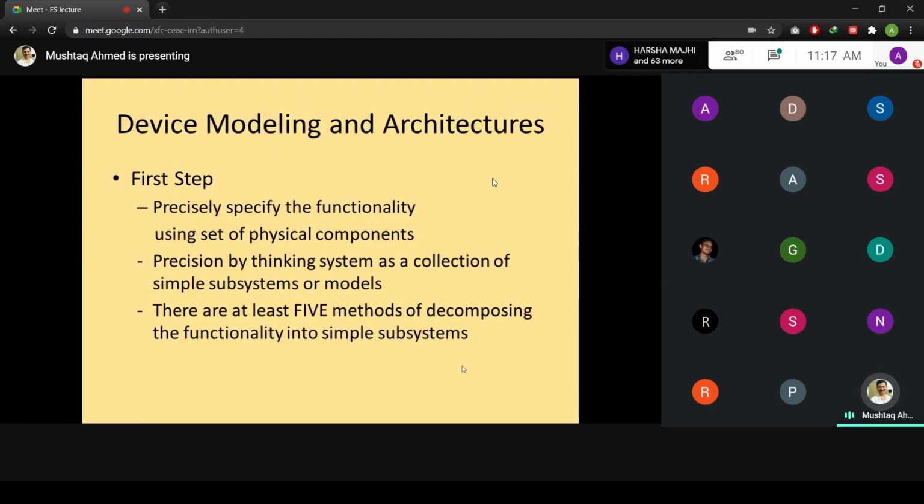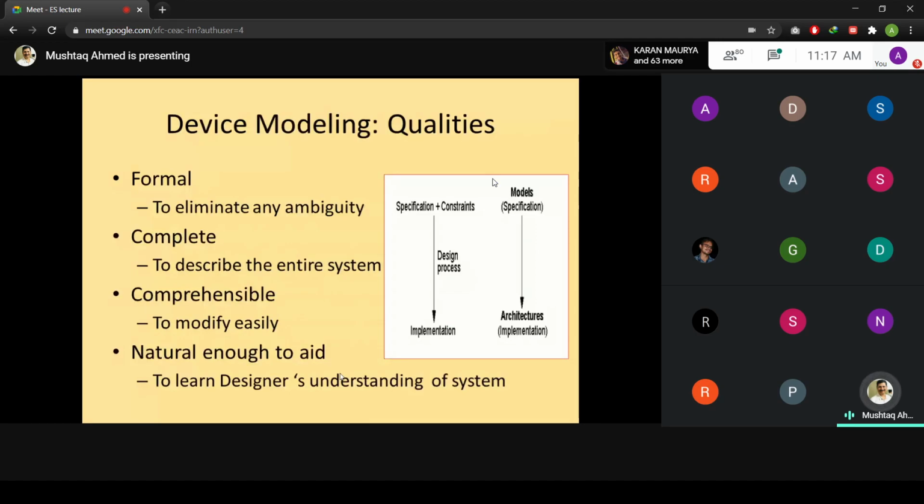Now there are 5 different methods of decomposing the functionality into simple subsystems. What are those? Here you can see that if the device has been specified using the different types of models, we can test whether this modeling is correct, and whether the constraints and the inputs and outputs have been clearly specified.